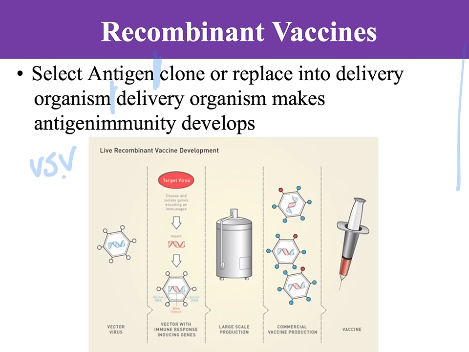I've also read quite a bit about people trying to use the human commensal lactobacillus. However, the only recombinant vaccine that has been approved for use in humans, and it's approved for use in Mexico, it's not yet approved in the US, is using a backbone of vesicular stomatitis virus.